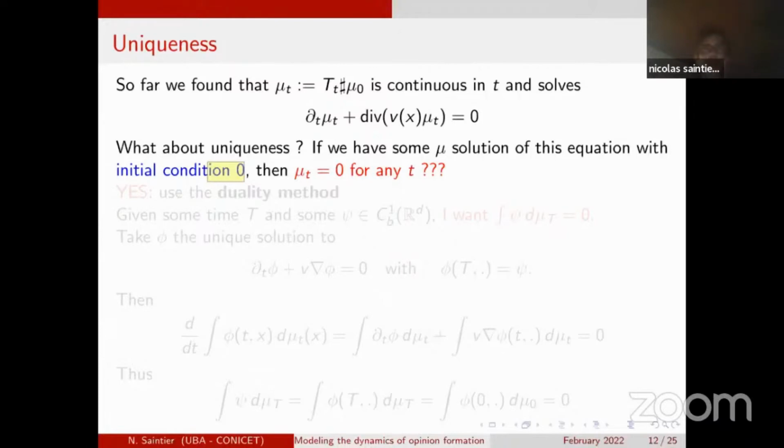And this is easy to show. This is true, and this is very easy to show using the duality method. It's a big name for here. It's almost nothing, you will see. All the details about that you can find in a book by Cedric Villani, Topics in Optimal Transportation, in chapter 5, I guess.